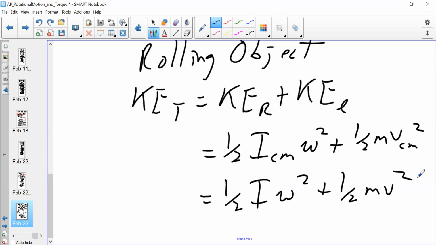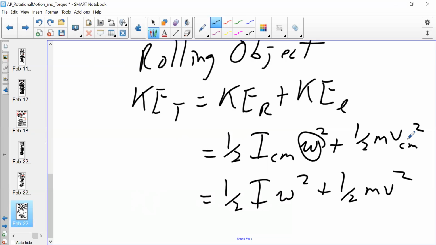But this is important to help you understand that all of these particles that have a radius from the center of mass are going to be rotating about that point. Hence this term for the kinetic energy. And this term here is only relative to the center of mass as it moves forward. So if you imagine a bicycle wheel, the center of the wheel is always just moving forward.